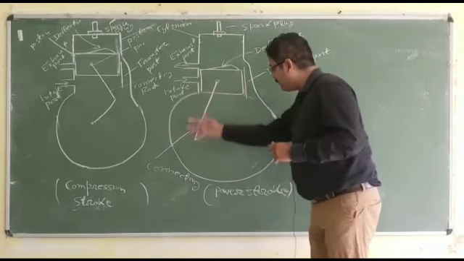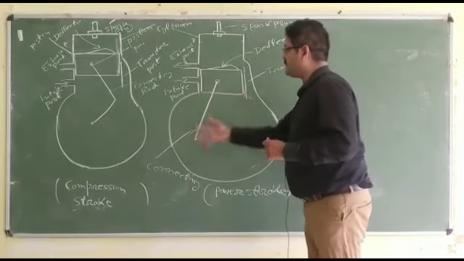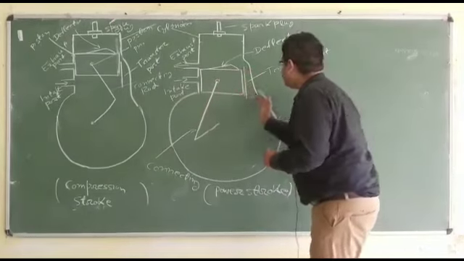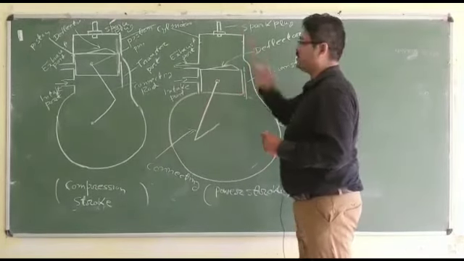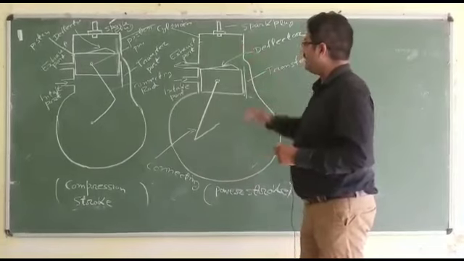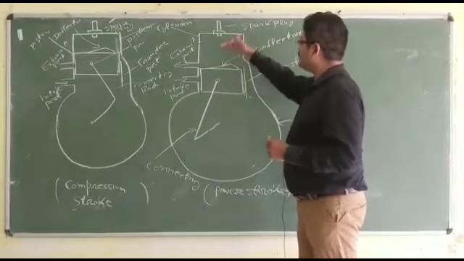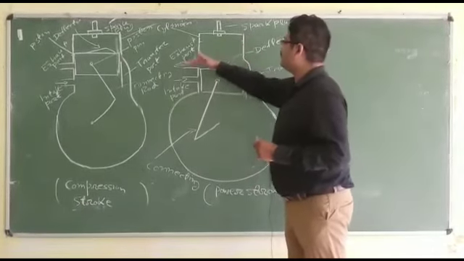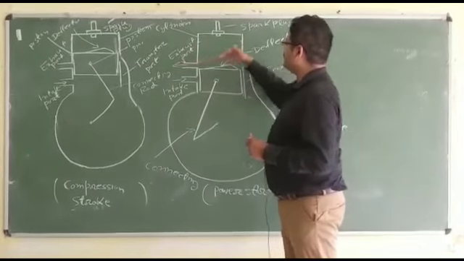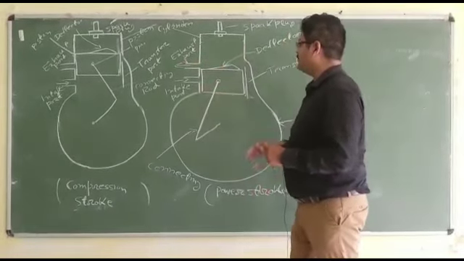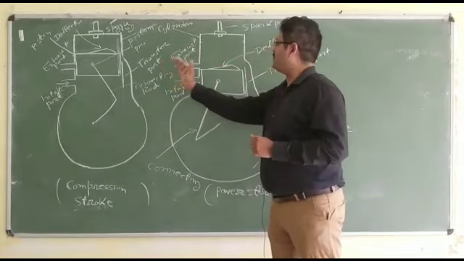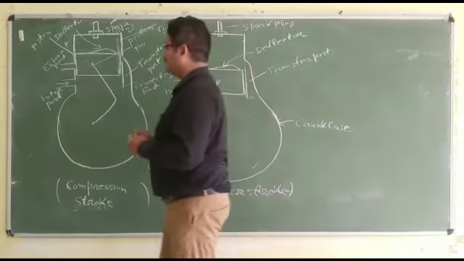As it does so, it compresses the charge present in the crankcase, and through the transfer port the charge enters the top of the cylinder, and simultaneously the burnt air fuel mixture is deflected by a deflector and discharged through the exhaust port.